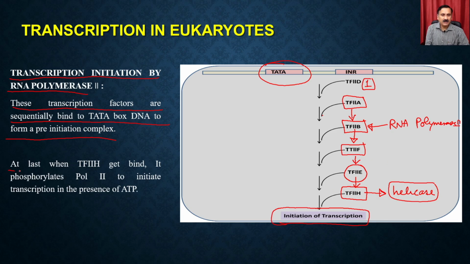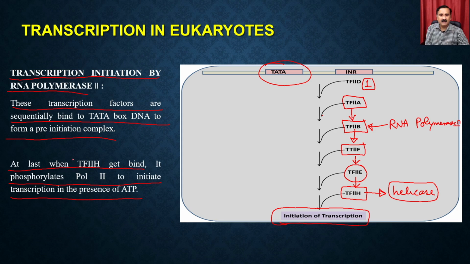So at last, when the TF2H binds, it phosphorylates the RNA polymerase 2 to initiate the transcription in the presence of ATP. So why is the phosphorylation important? Because the RNA polymerase is going to bind to the DNA since it is positively charged and the DNA is negatively charged.